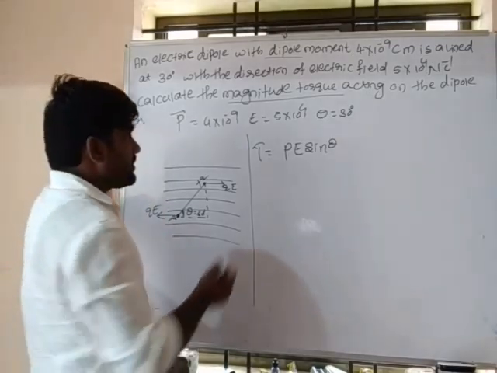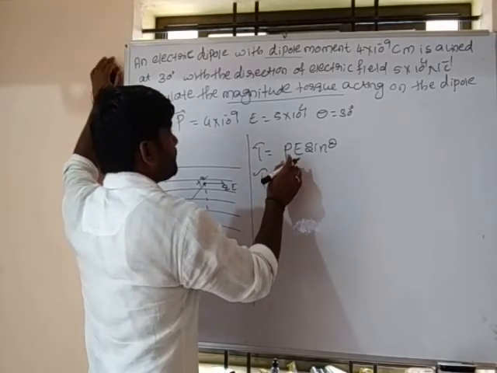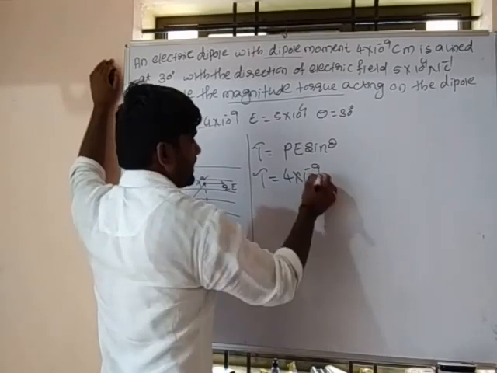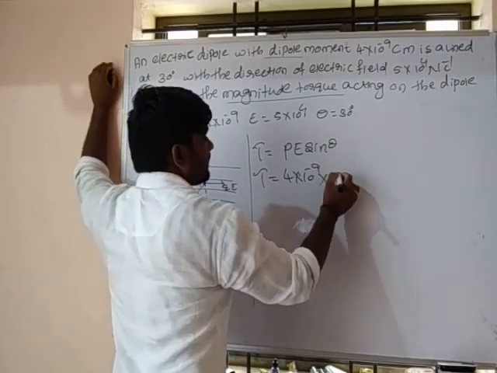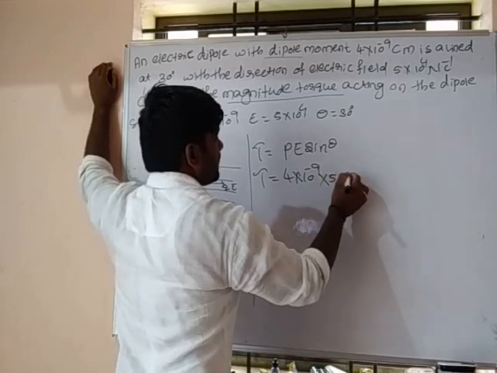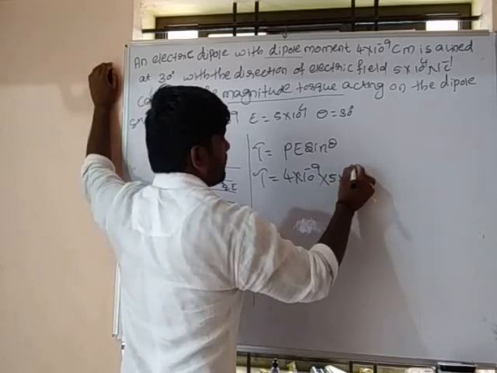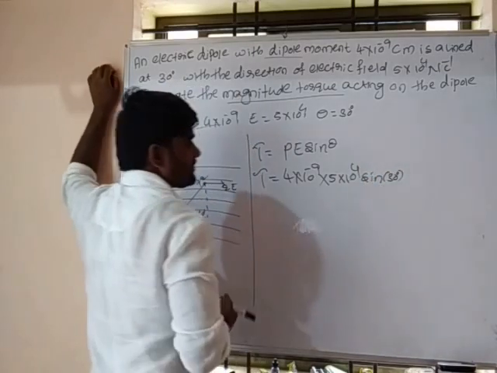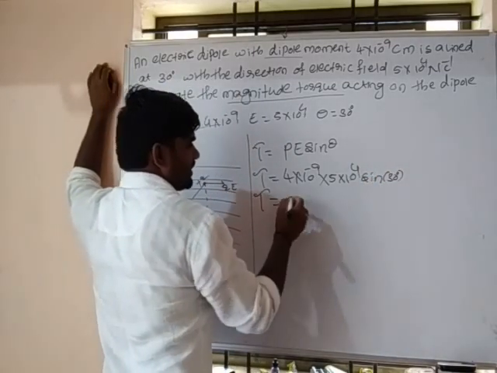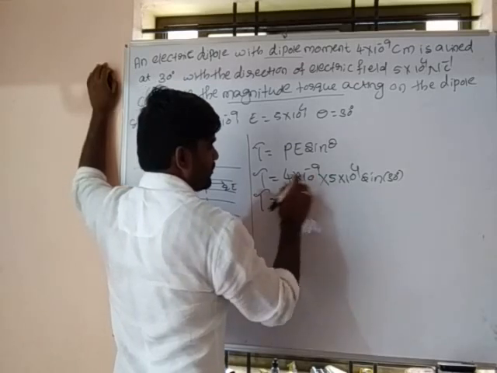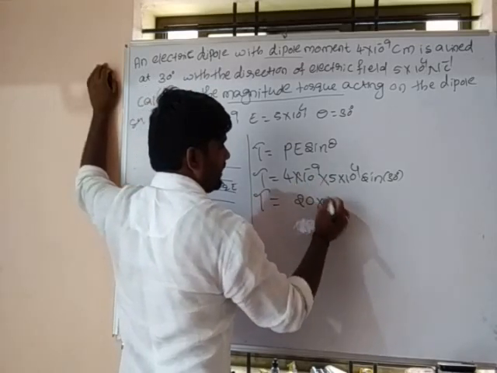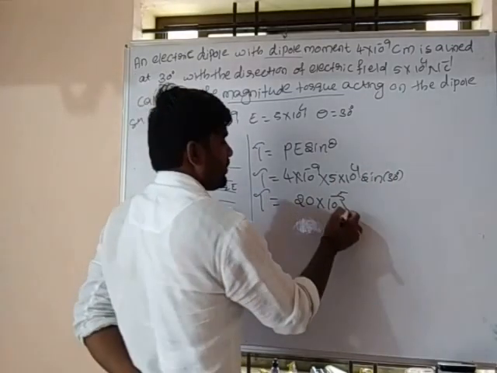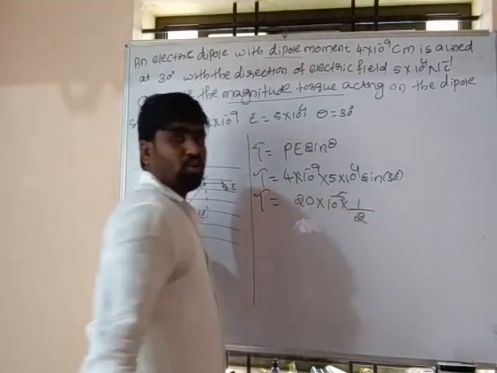So torque is equal to 4 into 10 to the power minus 9 into 5 into 10 to the power 4 into sin 30 degrees. Then tau is 5 into 4 is 20 into 10 to the power minus 5, into 1 divided by 2.